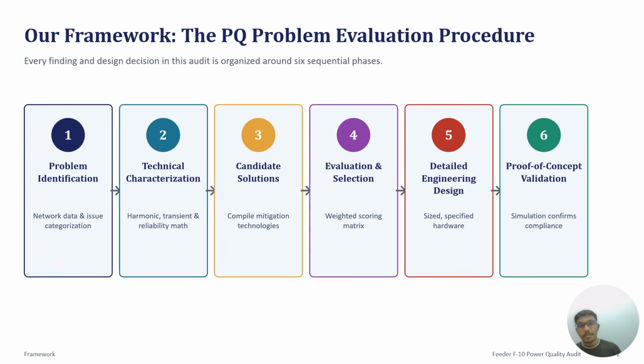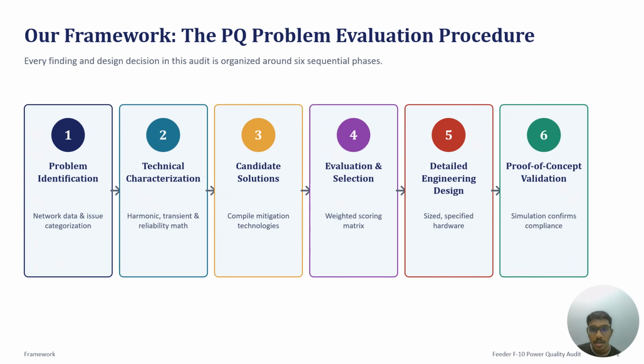Everything we present today follows one consistent six-phase framework. Phase one is problem identification, where we categorize the feeder issues from network data. Phase two is technical characterization, where we quantify each disturbance mathematically: harmonics, transients, reliability. Phase three is where we compile candidate solutions, the mitigation technologies available for each issue.